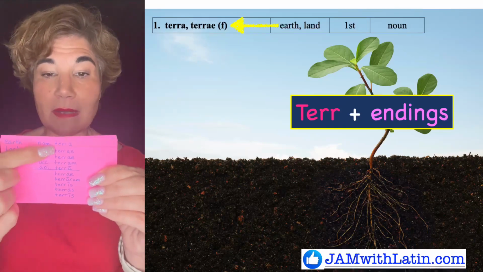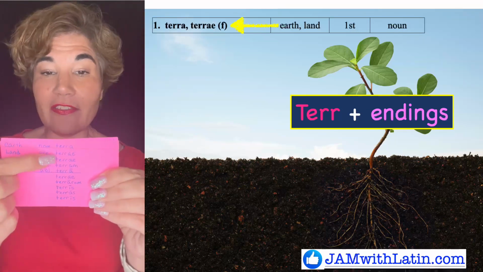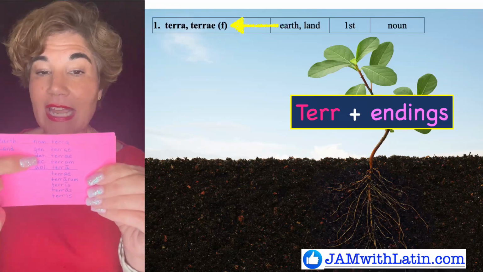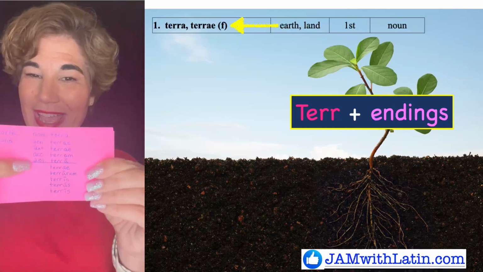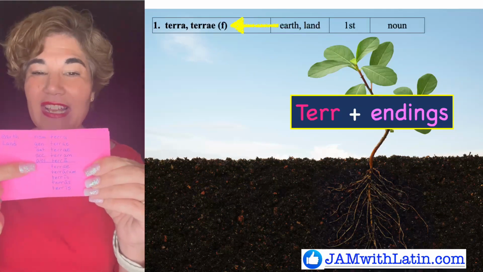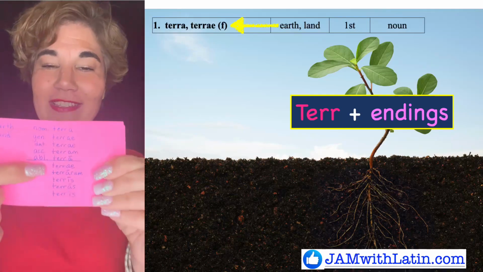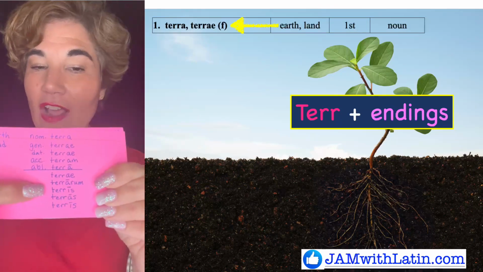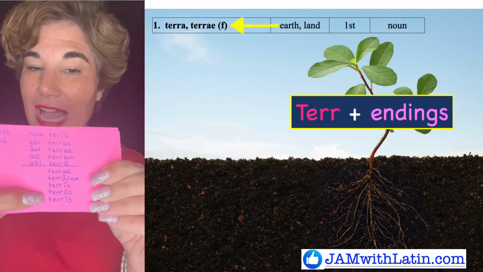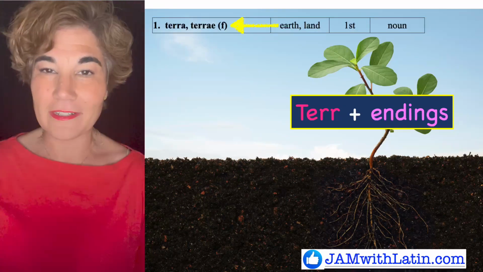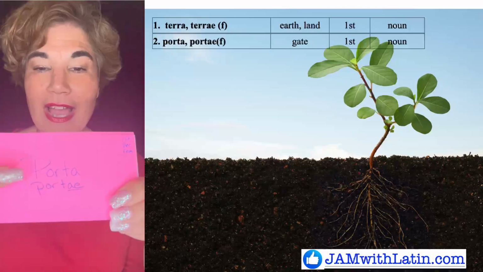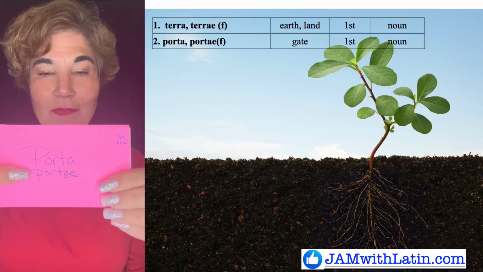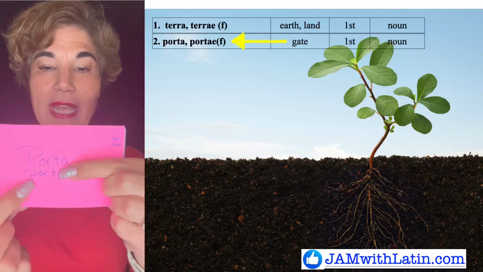So nominative subject terra, genitive terrae, dative terrae, accusative terram, and ablative terra. Now we're going to do it fast, okay? So we have terrae, terrarum, terris, terras, terris, earth or land. The next word is porta, portae, nominative subject, genitive possessive, cover the ending, and we get port.